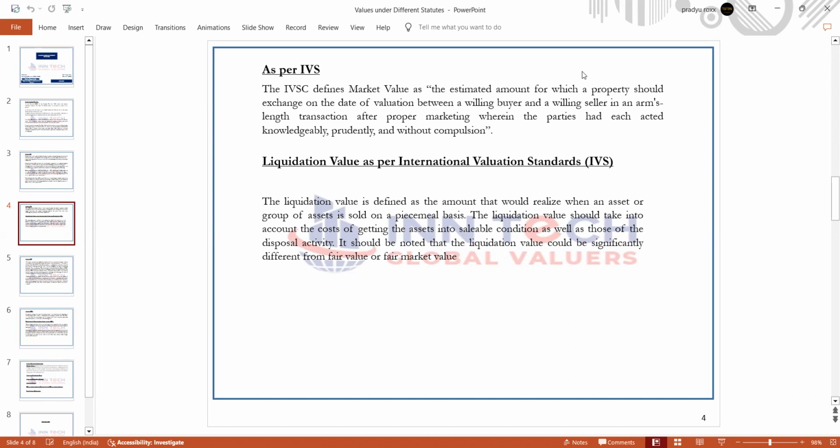So the definition is very clear, and whenever we give a report that it is as per the compliance of IVS, we should see that we definitely satisfy this definition and give the report accordingly.